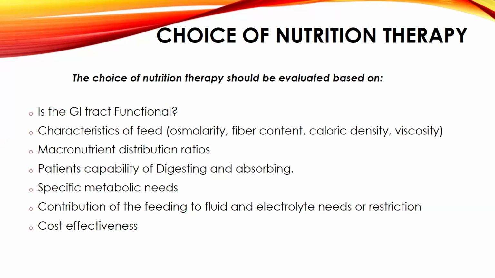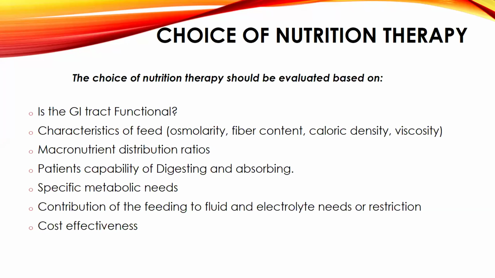This is what you want to correct. Are you succeeding in correcting that? Because even when it comes to the choice of whatever you're utilizing, you have to look into the characteristics of those particular feeds. Are they elemental, semi-elemental? Will the patient be able to absorb those nutrients that you're targeting, or perhaps you do need to give them parenterally for them to benefit.